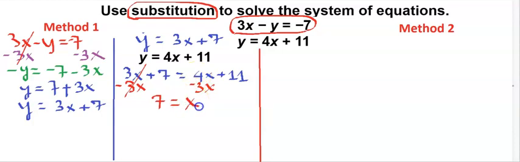And again, that's the reason why I like to bring the 3x over. Not yet. What do you still have here? Plus 11. Again, it doesn't matter which way. There's 4 different ways to start out the problem. It's just I'm trying to find the best way so that I don't have to deal with a negative. All right, what do I have to do now to get the x by itself?